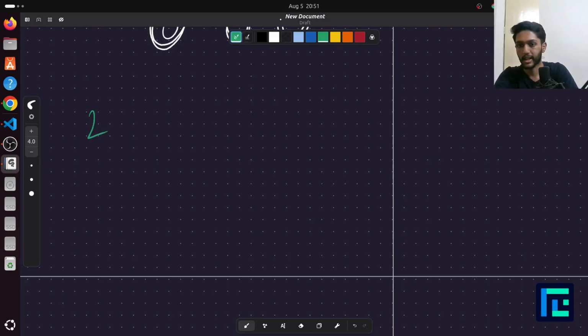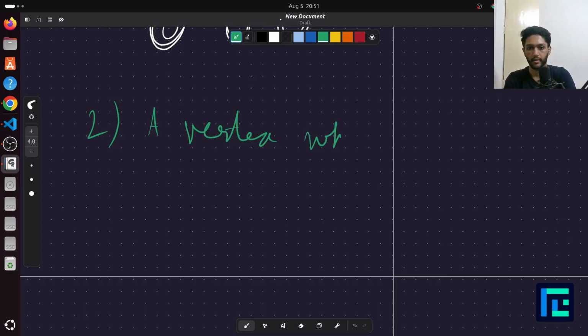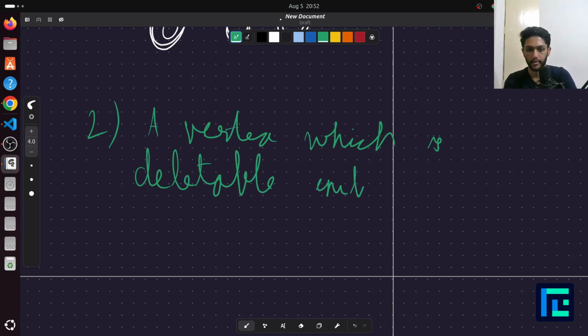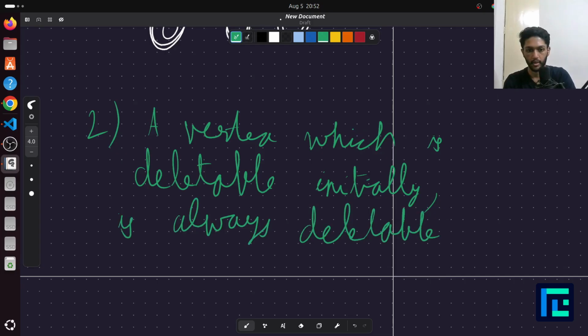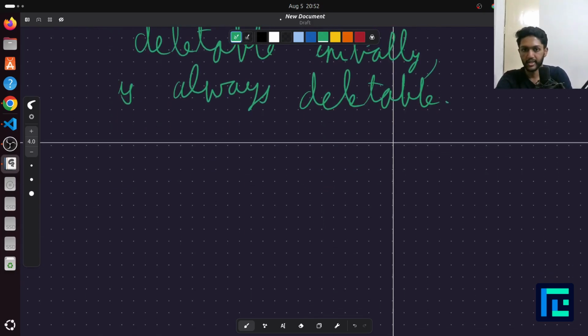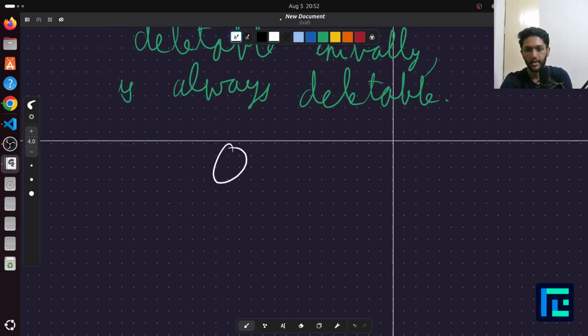And the second claim is that a vertex which is deletable initially is always deletable. So what I am saying is, if there is a vertex, let's say again the same example, this is the vertex which has 1 and it is deletable, basically all of its children are also 1.